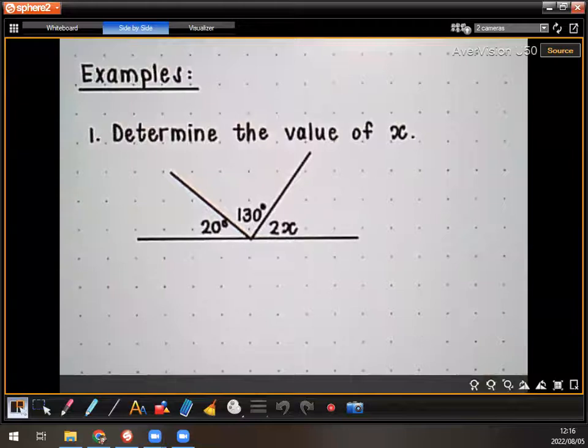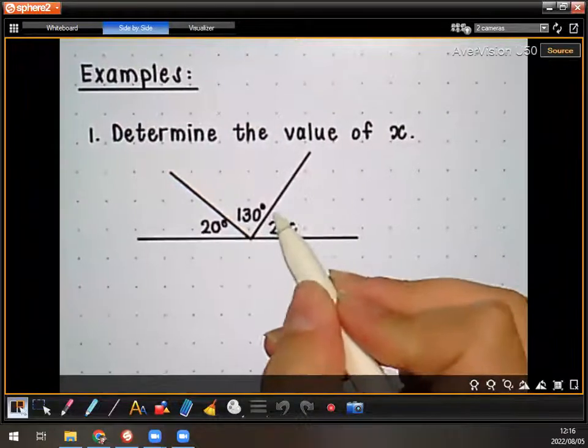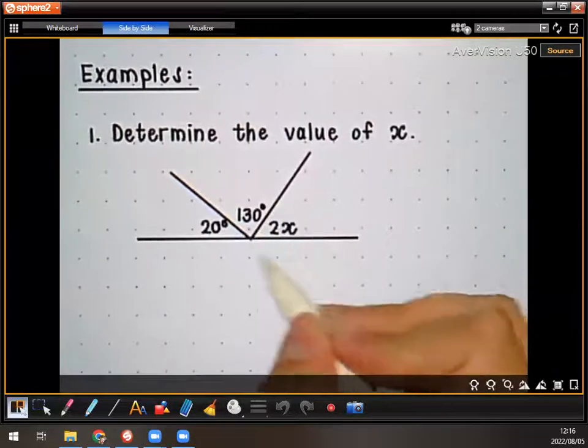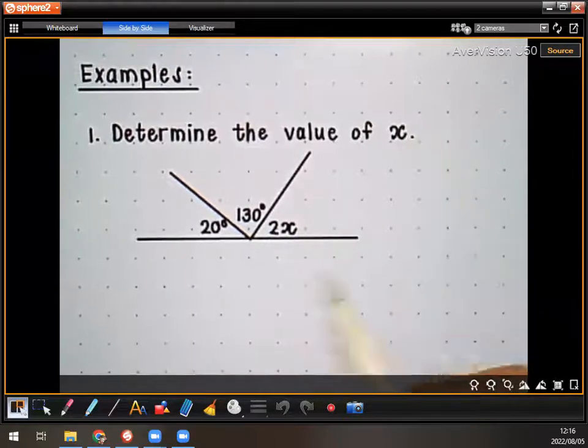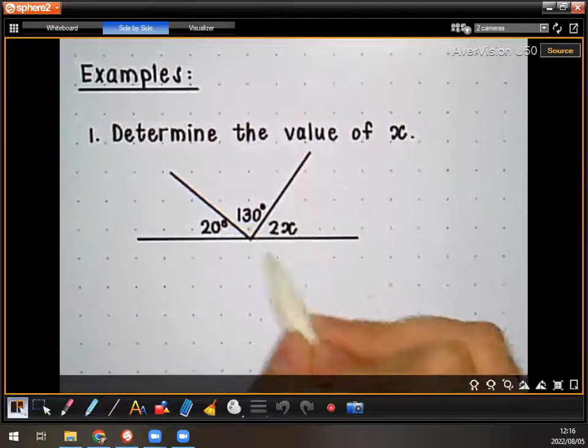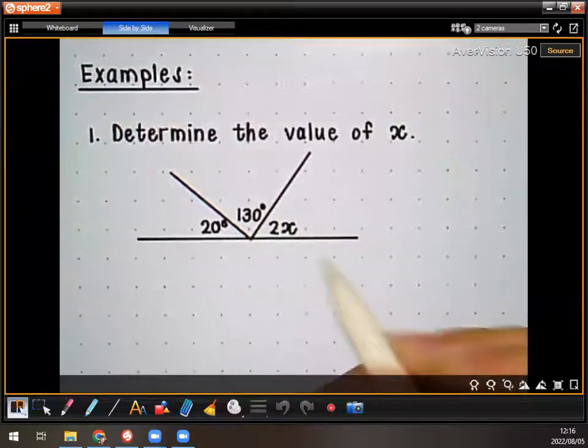Okay, guys. Angles on a straight line add up to 180. Now, in the past, we all agreed that I have to find this angle in order to find x. They want us to find the value of x, not 2x, but I do need to find this angle in order to figure out what 2x is.